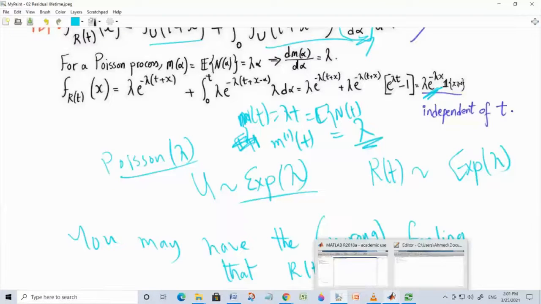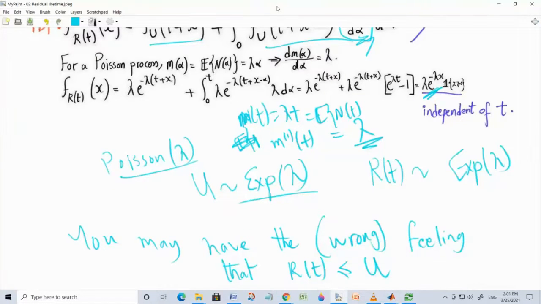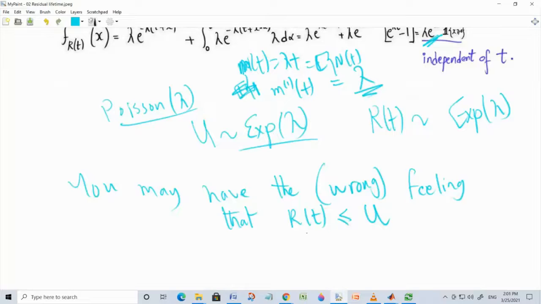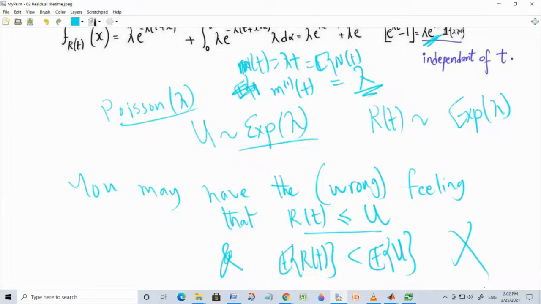You can say, oh, the inter-arrival time is the time between two successive arrivals, and R of t is the time between some time instant t and the next arrival. It seems like the expected value of R of t should be less than the expected u. Again, this is wrong.